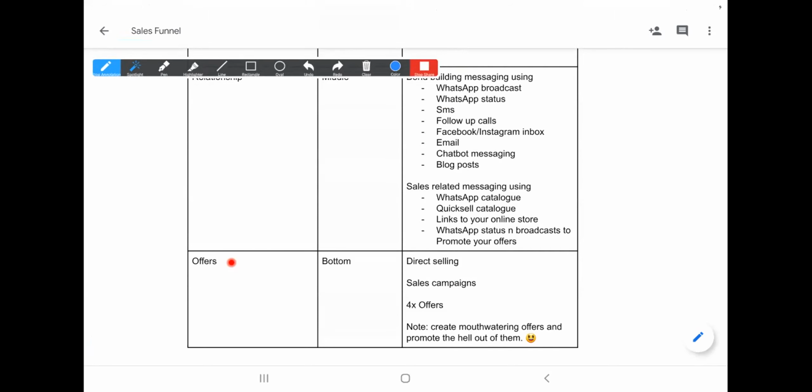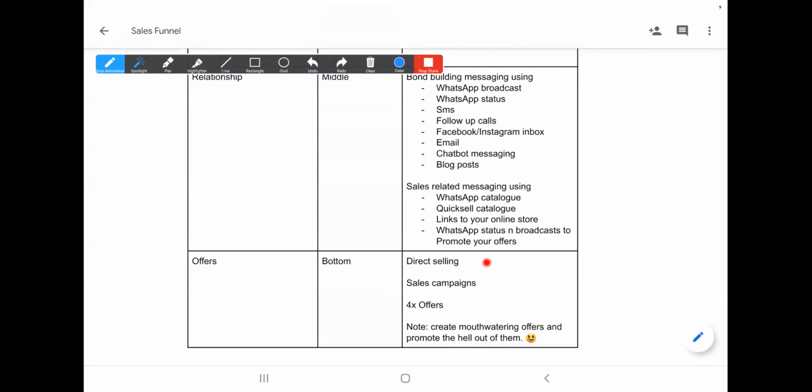And for you to be able to do that effectively, you need to run sales campaigns, do direct selling, and create offers. The backbone of offers in the arrow method is you creating offers to sell your product.